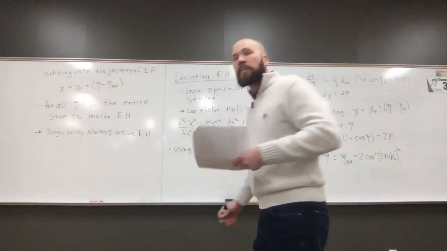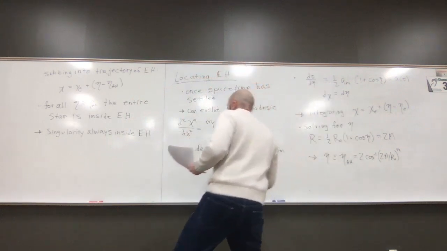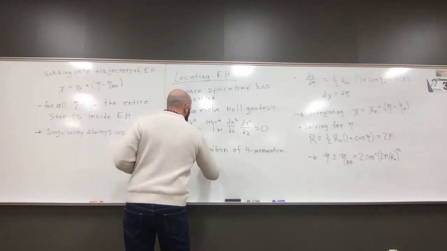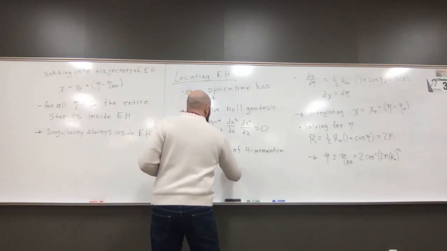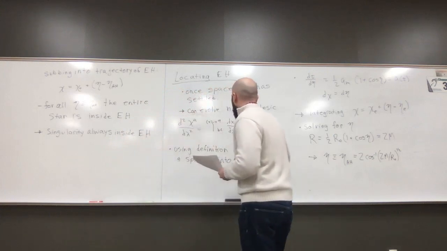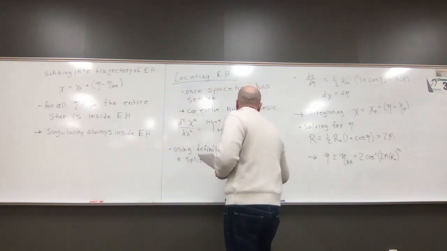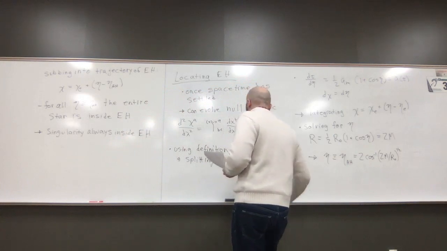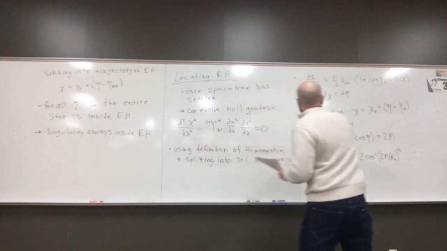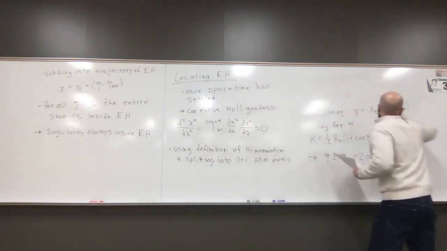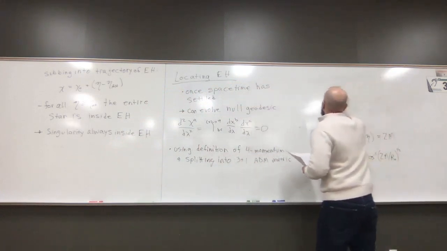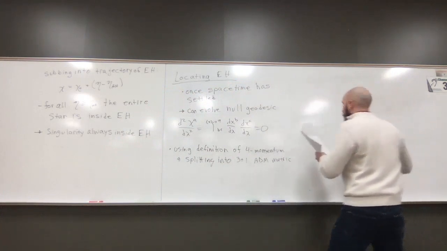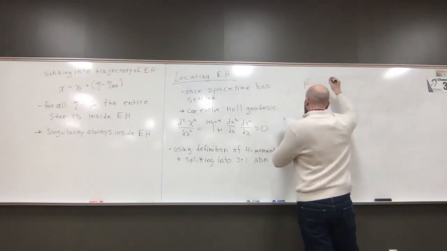And splitting into 3+1: we're going to take our original 4D metric and split it into 3+1 with the ADM metric. In general, we can get the following. Okay, so here's my momentum.